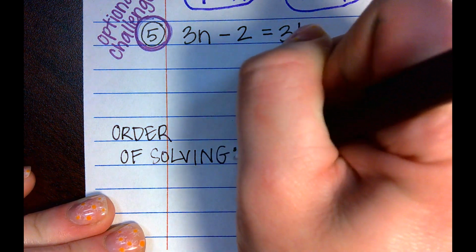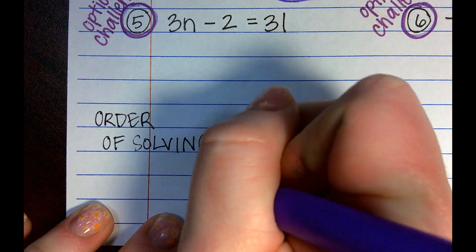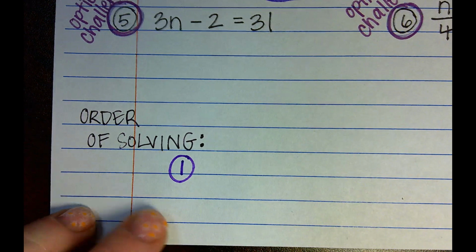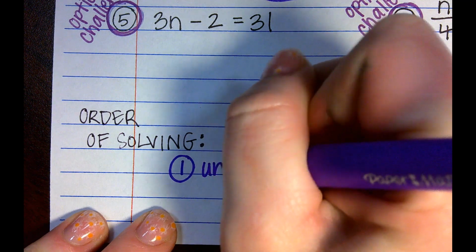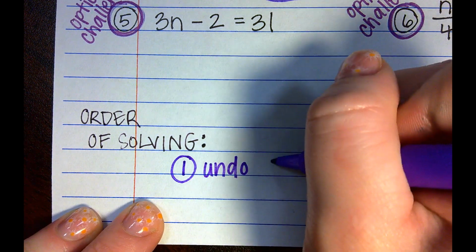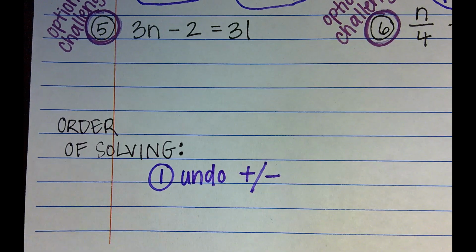I think this is the simplest way that helps me to remember what to do first. The order of solving is: 1, we undo or get rid of addition and subtraction first. So I just say undo plus minus. First, we get rid of that.